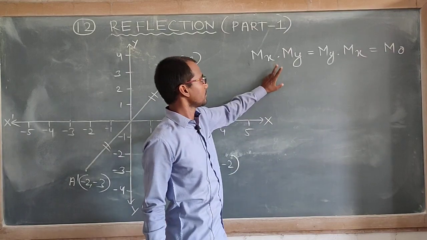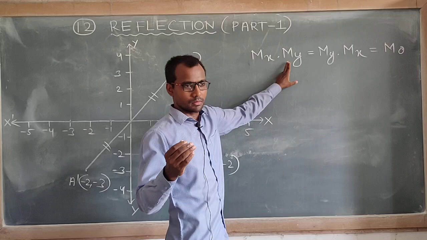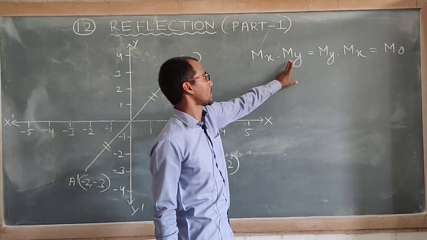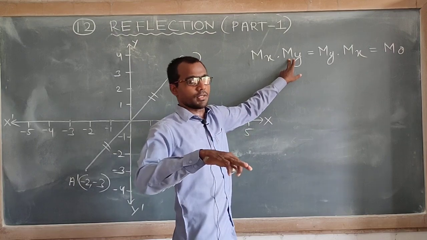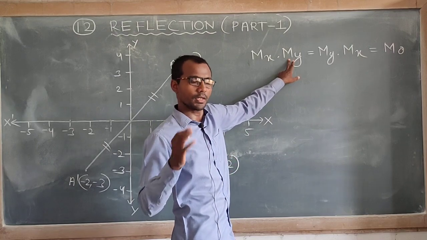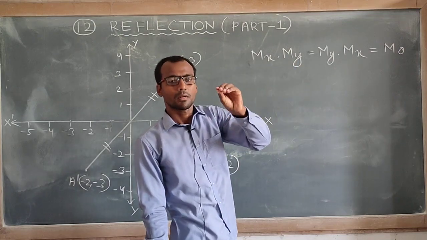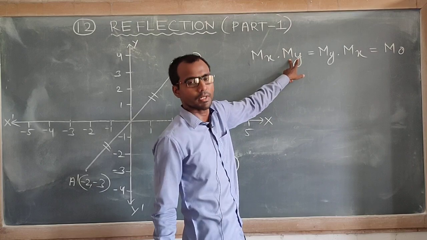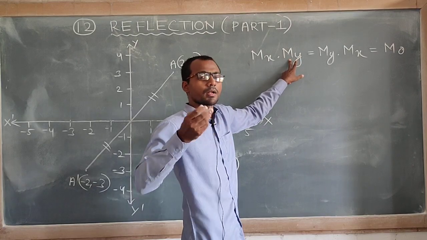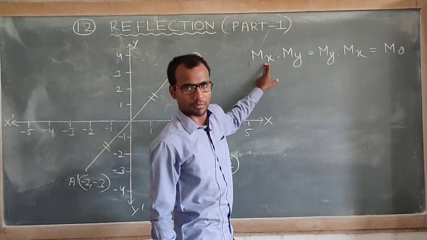This means if you take a point with any coordinates, first you reflect that point in the y-axis, then you reflect the image. Take a point whose coordinates are (a, b). Reflect that point first in the y-axis. You get its image. Now reflect the image in the x-axis. You'll get some point.